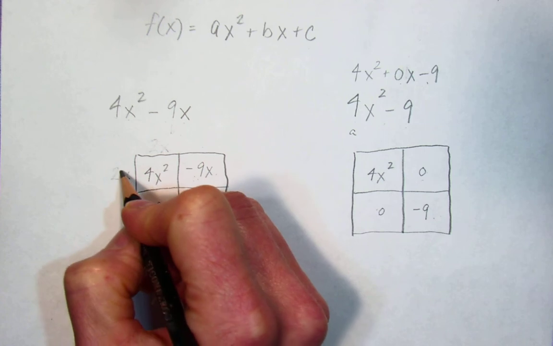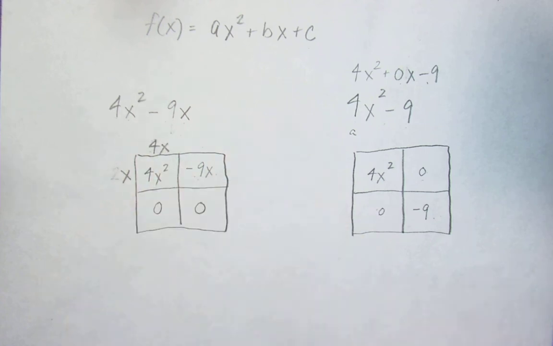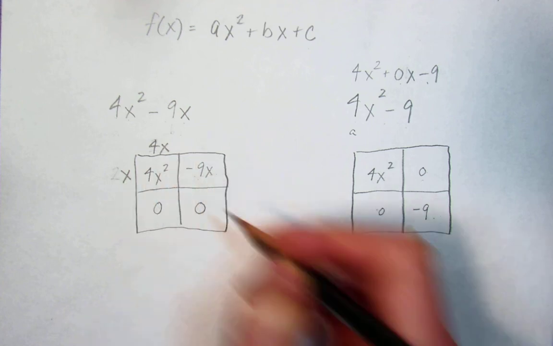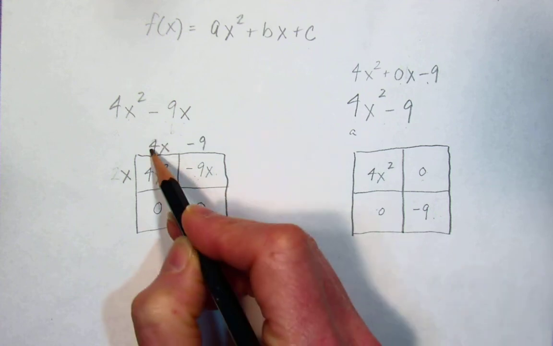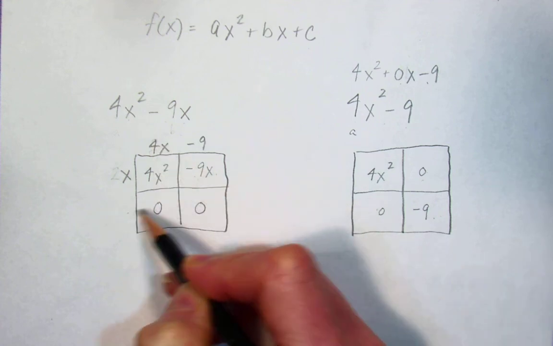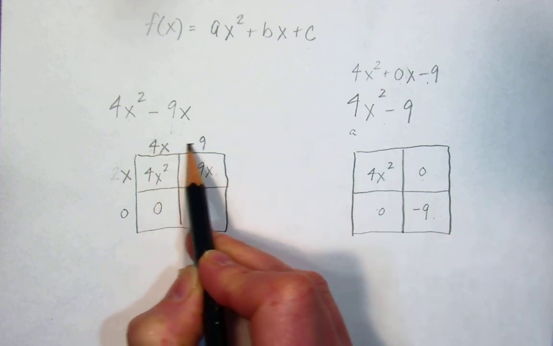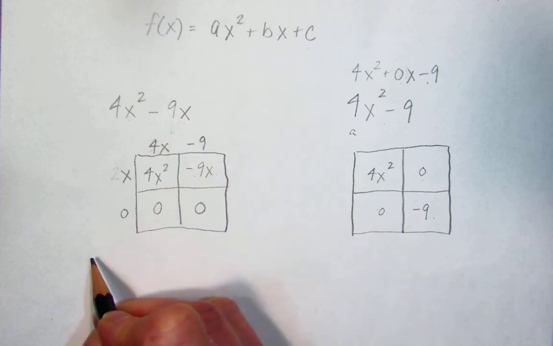Instead of choosing 2x and 2x, let's choose something else. We could do x times 4x. And now when I say x times what makes negative 9x, that would be negative 9. That works. And 4x times what makes 0? 4x times 0 makes 0. So now the side lengths of the area model are the factors that are equivalent to this.